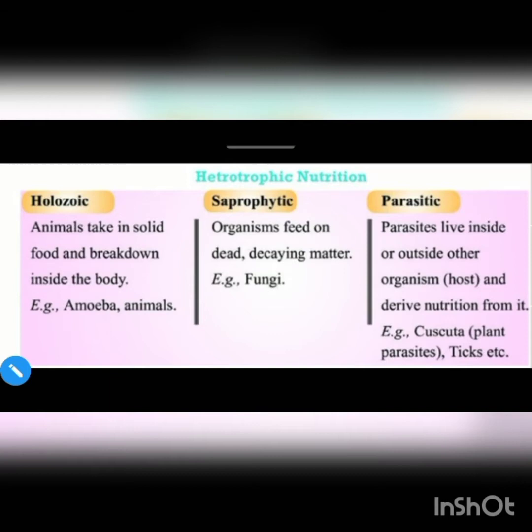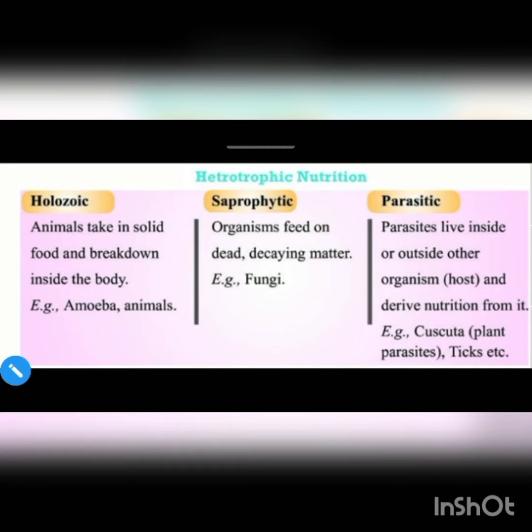Next comes parasitic mode of nutrition. The parasites can be found either living inside the body or outside the body. Examples of parasites are head lice, mosquitoes, leeches. These are found outside the body, and internally the tapeworm, liver fluke, etc. that are intestinal worms that are found inside the body.